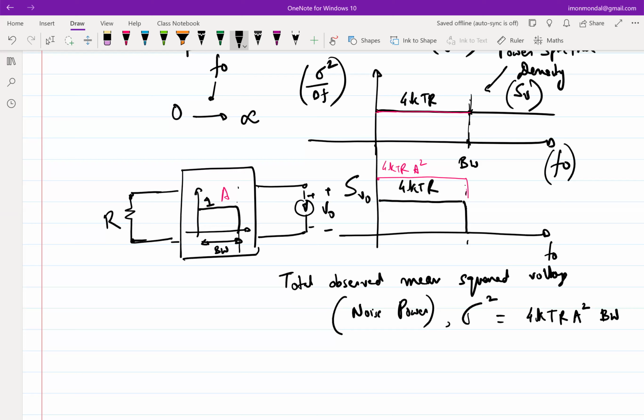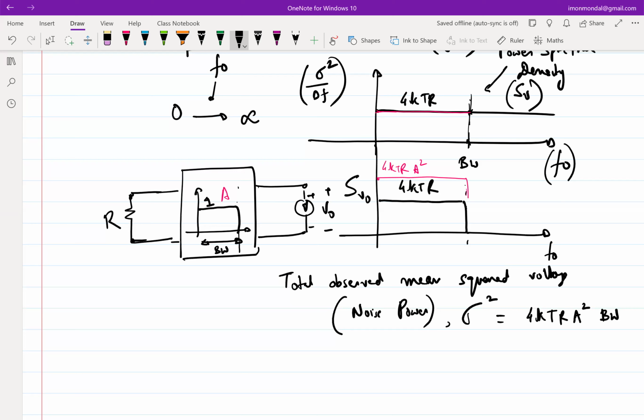If you observe the noise through the 50 ohm resistor and it's flat, and your signal of interest is within a certain bandwidth, and if the bandwidth is very large, you are automatically going to invite more noise power. There's nothing that you can do about it. And that noise power falls in your signal band. It's not as if you can filter it out also. So you have to live with it.